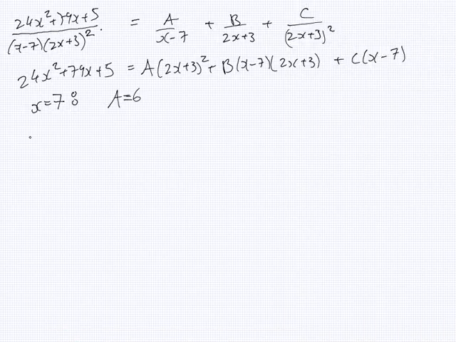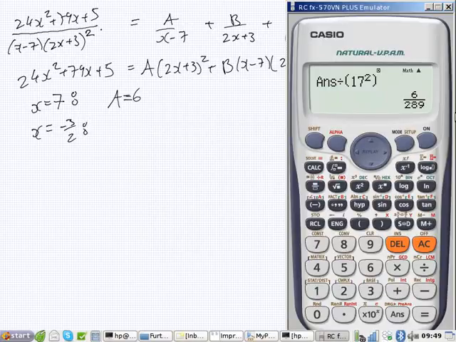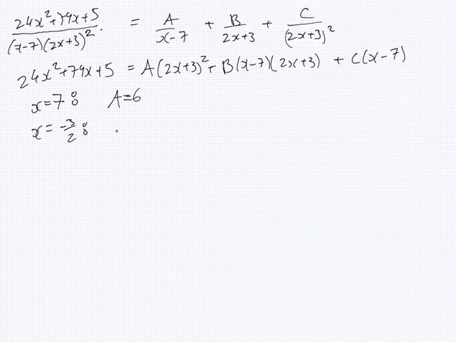Okay, how about getting the B? Minus 3 over 2, because that will go and that will go, and that can give us a C. So if we put in minus 3 over 2, minus 3 over 2 squared times 24 plus 79 times minus 3 over 2 plus 5, minus 119 over 2.